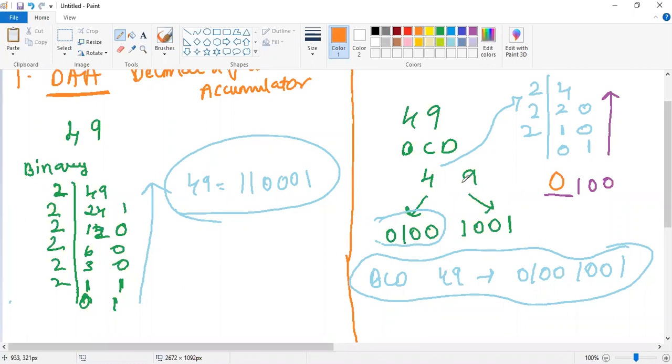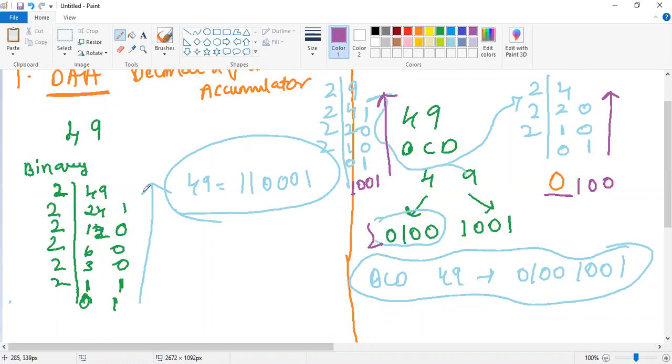Same way, if you find 9, you will get the same thing. Two 4s are 8, 1, 2 4s are 0, 2 1s are 0, and 2 zeros are 1. Then you take this: 1 0 0 1 for 9, and 0 1 0 0 for 4.